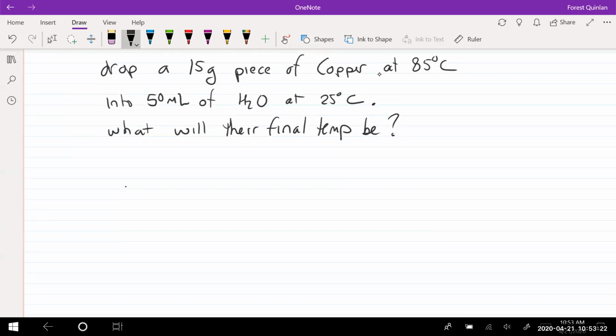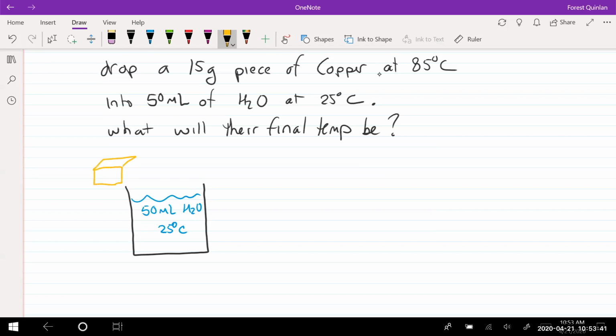Okay, so what does this look like? Oh, I love drawing pictures when I can. All right, so we have 50 mils of H2O at 25 degrees Celsius. Oh, copper's kind of an orangey. So I have 15 grams, and it is at 85 degrees Celsius, and I'm going to dump that in.